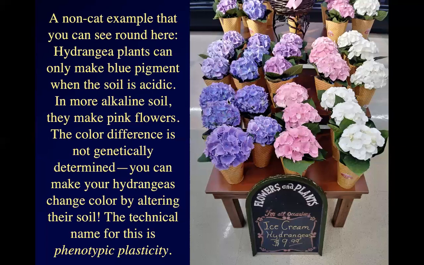So the exact tone that your skin takes depends largely on genes, but also on how sunny your environment is and how much sun your skin is being exposed to. So that would be yet another case of phenotypic plasticity.